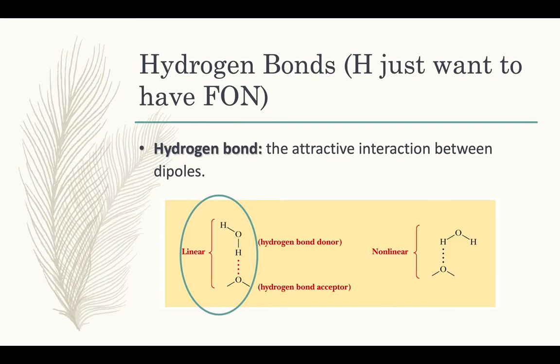That arrangement allows for the greatest possible partial positive charge on your hydrogen atom, and consequently the strongest possible interaction with the unshared pair of electrons on the second electronegative atom.